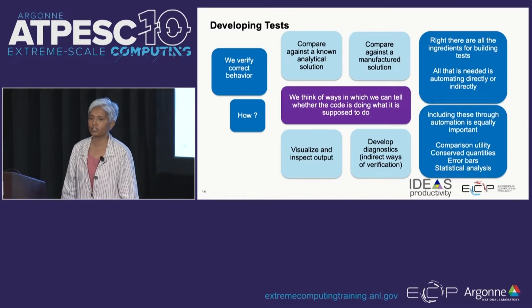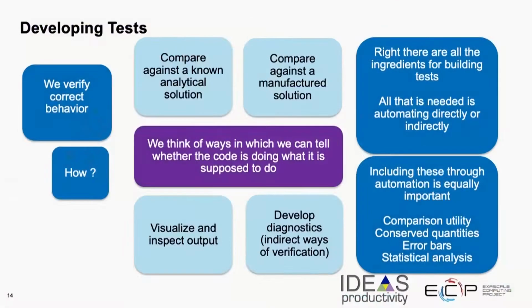Including these kinds of tests in your automated testing is important, and another thing you can do is have error bars, because at times you may want to think about a situation where there is a slight change in your answer. Say you moved to a new platform and your results are not identical to what they were on a previous platform.